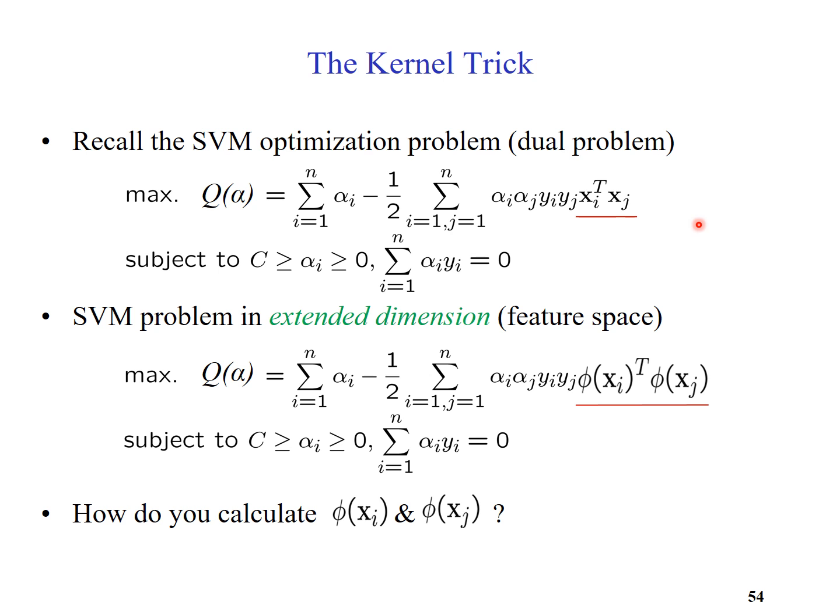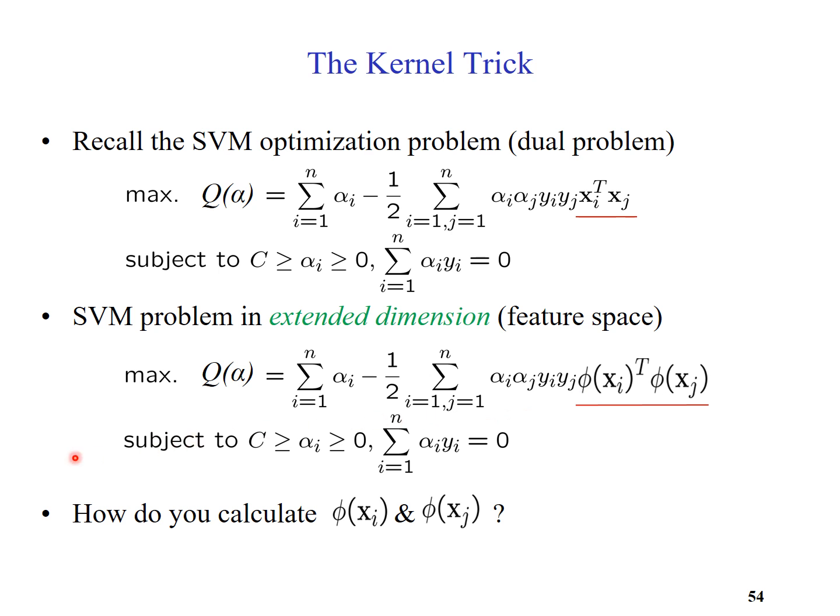So suppose we expanded the input dimension to a higher dimension. You decide the number of dimensions and the configuration. Basically, you decide the mapping, which determines the number of dimensions and the configurations.